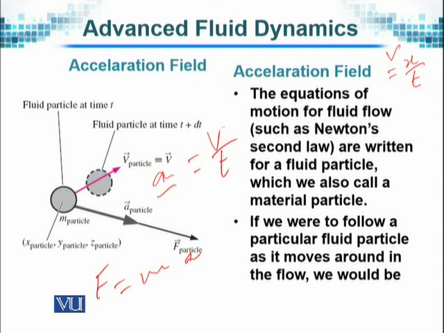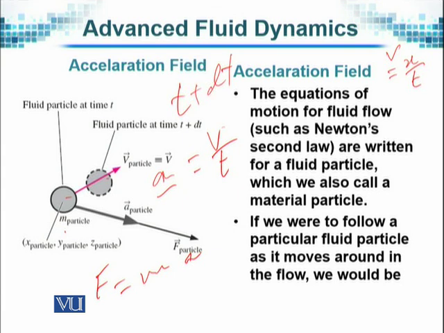So let's see, as shown in the picture, if we look at a particle at time t, we want to know where it goes at t plus dt, after a small time. Whenever in calculus, we always take a small difference and then we generalize that in the region under consideration.